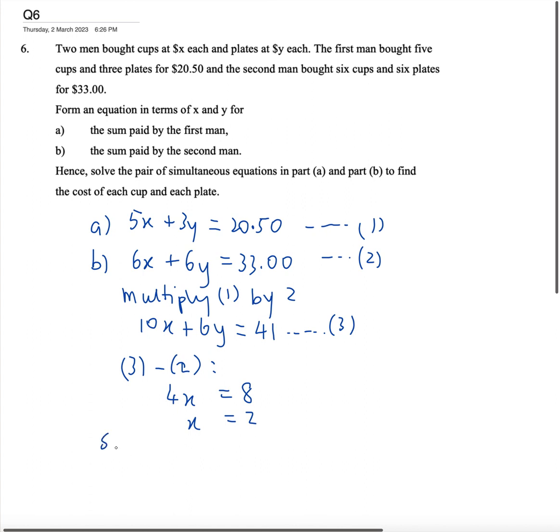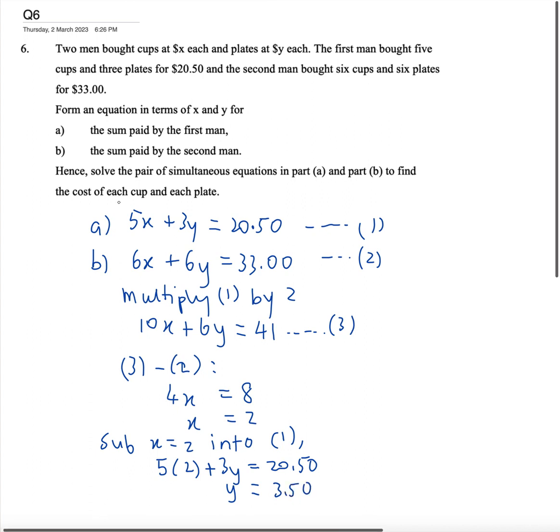Now we substitute x is 2 into equation 1, and we have 5 times 2, since equation 1 is 5x and x is 2, plus 3y equals 20.50. And if we simplify it, we have y equals 3.50.